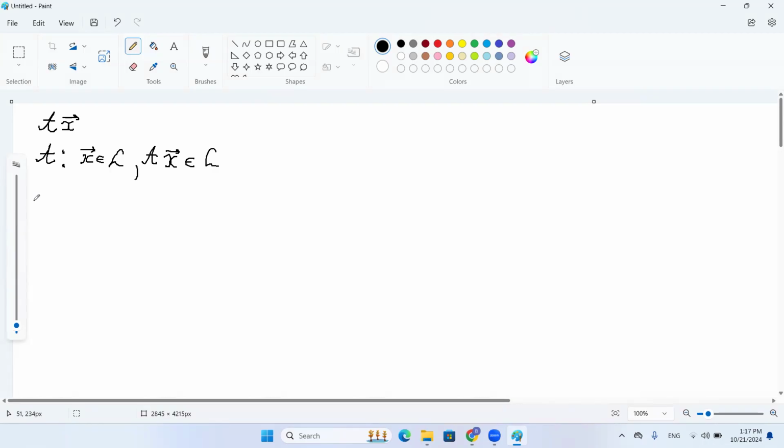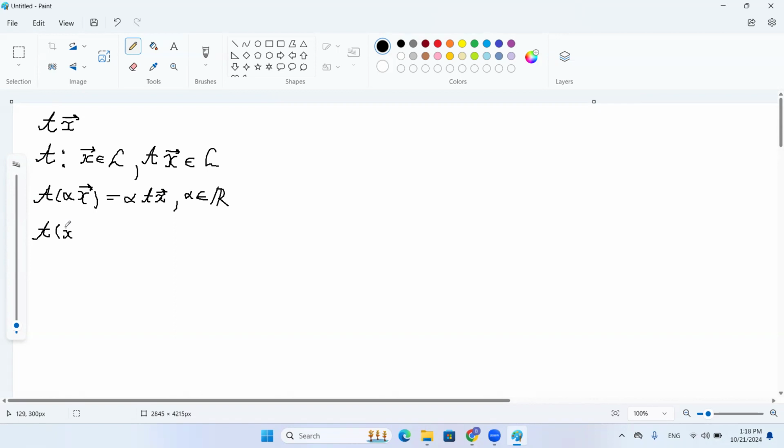And also a linear operator has the following properties. First of all, it is homogeneous. It means that we can move alpha out of brackets. Alpha is just any real number, a scalar. Also, it's additive.